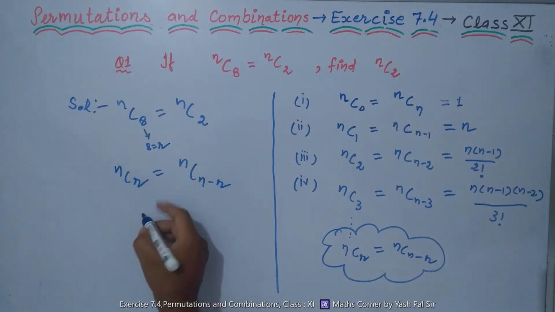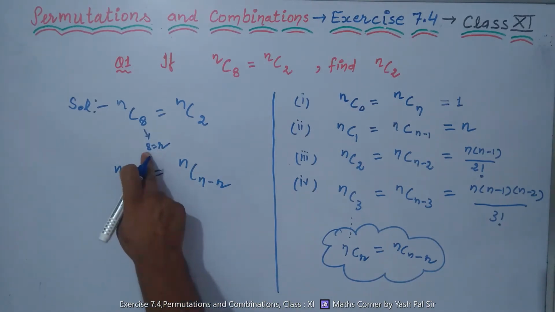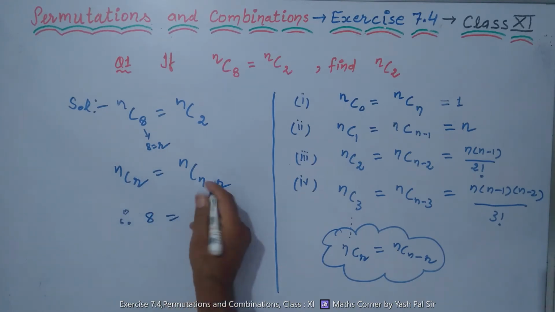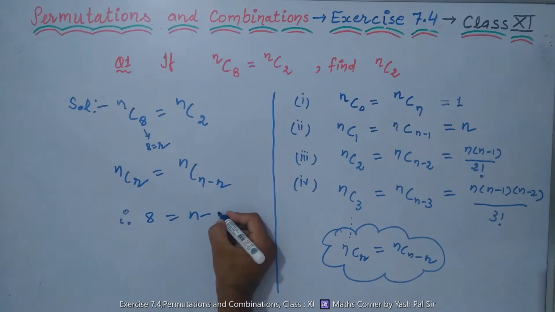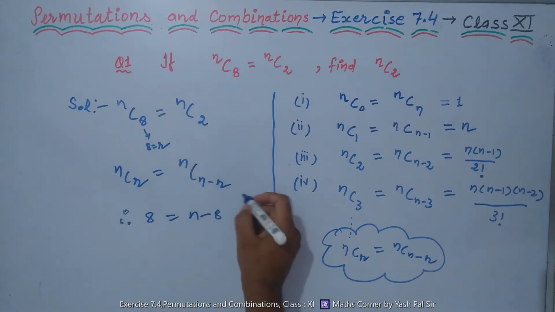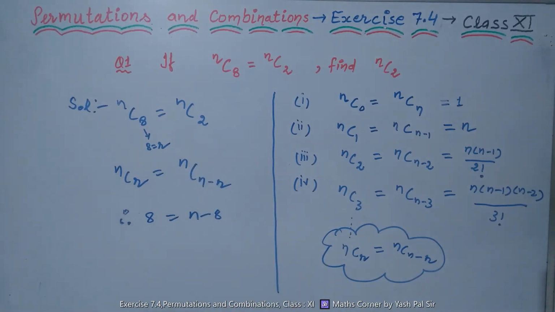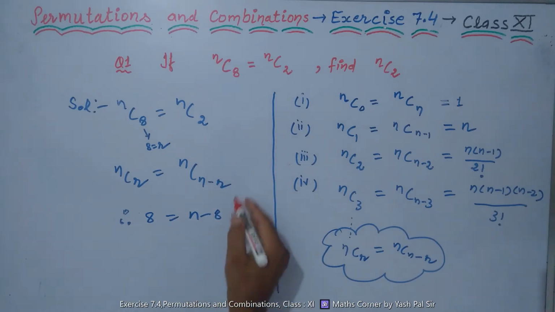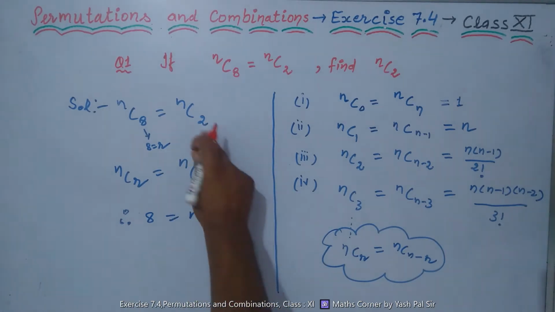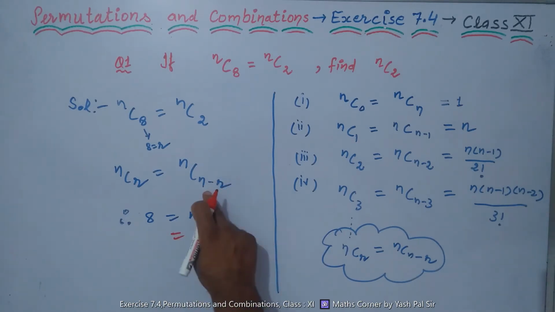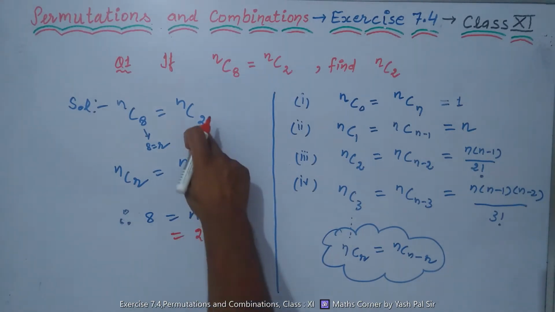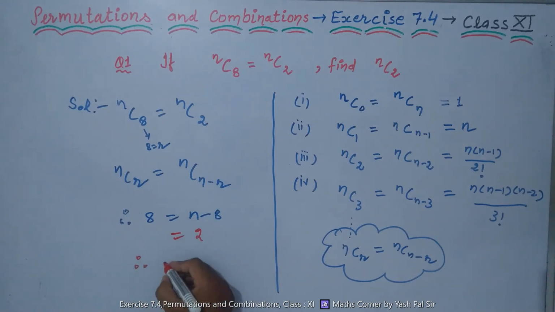So here r is equal to 8 is equal to n minus r, n minus 8. But here what we see in this question, n minus r is equal to 2, this is given. Therefore we say here n minus 8 is equal to 2. So we have the result, the value of n is 10.